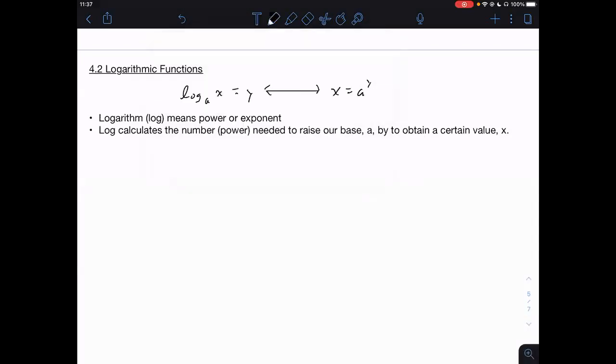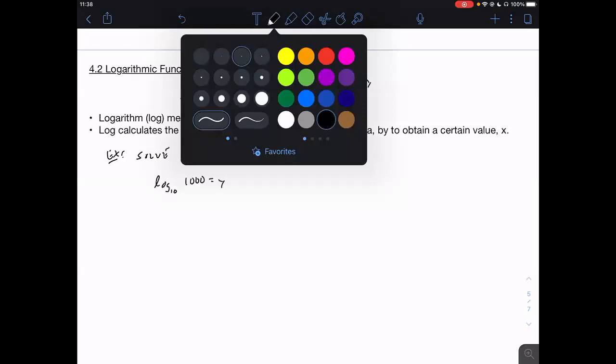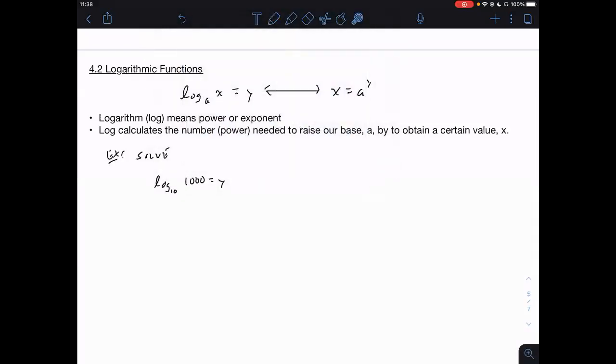Say, for example here, suppose we want to solve the following log equations. Suppose we want to solve this first example, log base 10 of 1,000 equals y. Now, one way to go about solving log expressions or log equations is to rewrite them as exponential equations. So again, let's use the relationship between exponential functions and log functions to rewrite this log function as an exponential one in order for us to solve for the value of y.